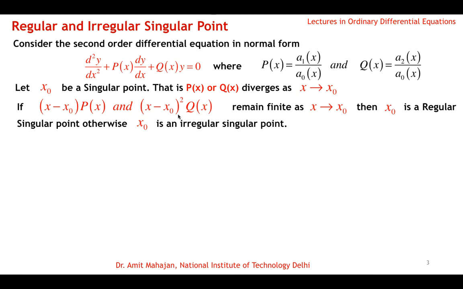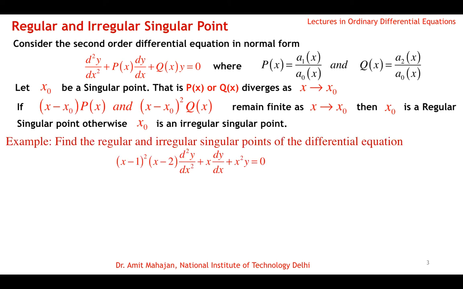Okay, and if they remain finite when x approaches x naught, if the limit on this function and this function are finite, then this singular point x naught is a regular singular point, otherwise x naught is an irregular singular point. Okay, so if any of these limits diverges, then it becomes an irregular singular point.